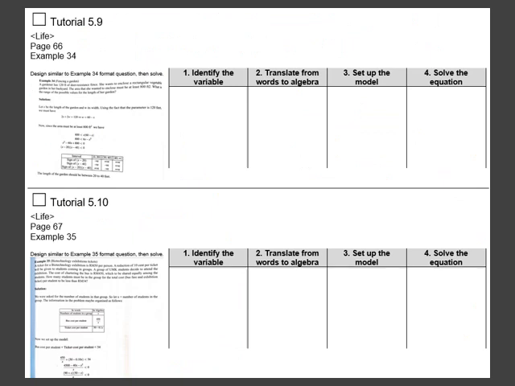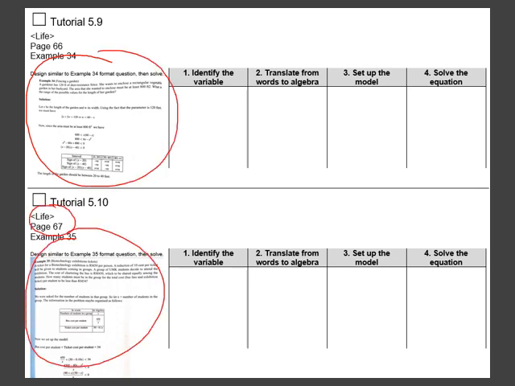Tutorial 5.9 and 5.10. Okay, looks a bit small here. This is taken from the textbook, the UMK Life Mathematics textbook. If you don't have it, it's okay, you can leave it. We will see how later on. If you have the textbook, what you need to do is to design a similar question, okay?